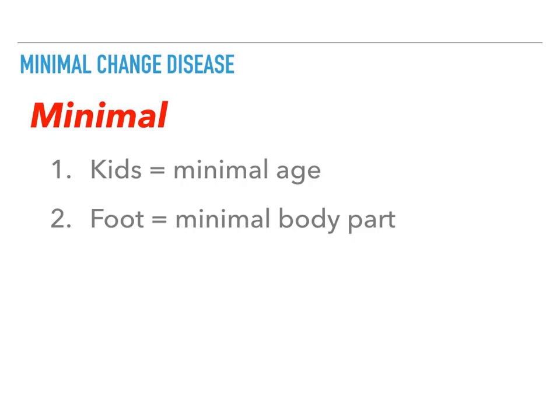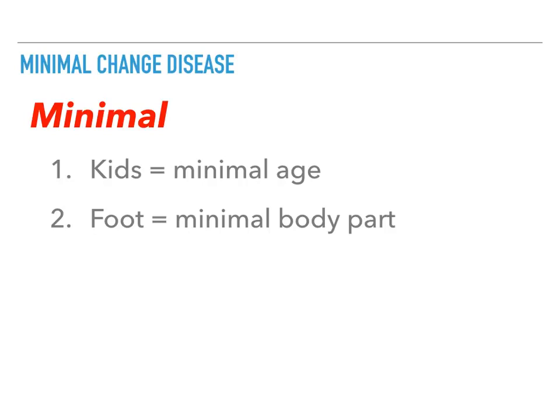The way to remember this is to say minimal, right? It's called minimal change disease. Well, kids are a minimal age. So minimal change disease is the most common in children. What's the most minimal body part on the body, or the closest to the ground? That's your foot. And you have effacement of foot processes.